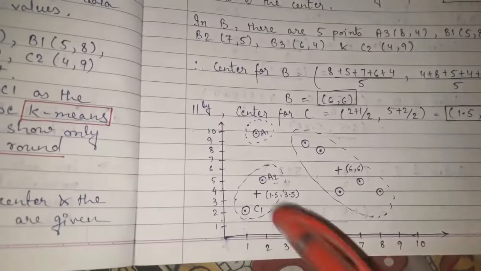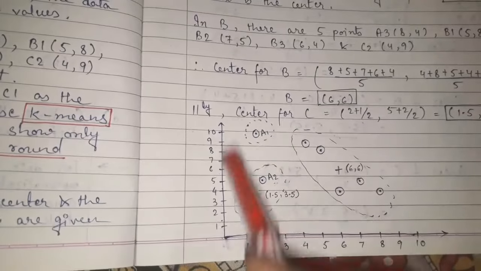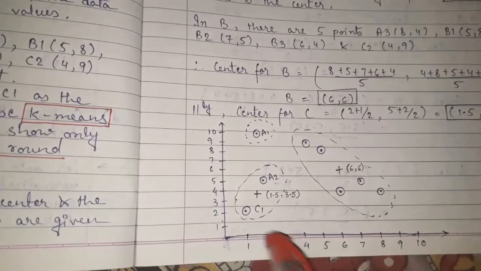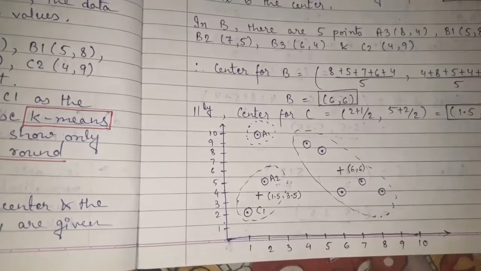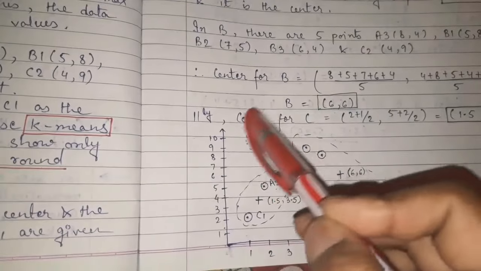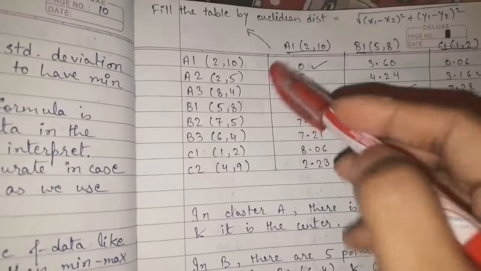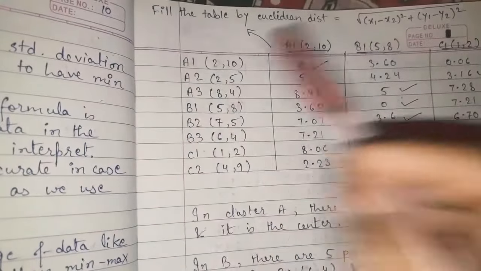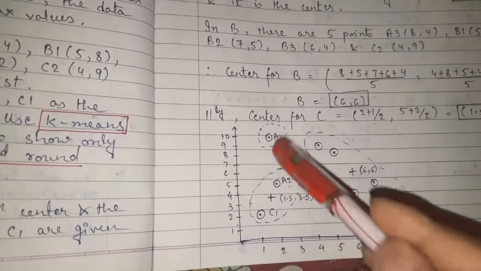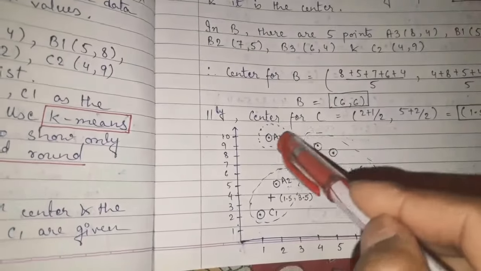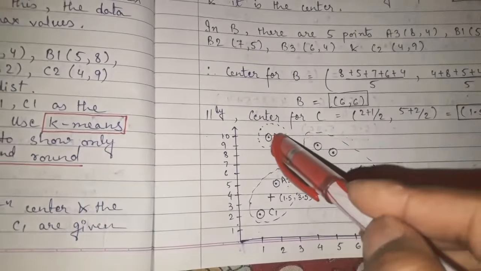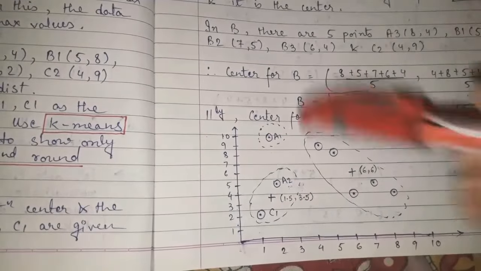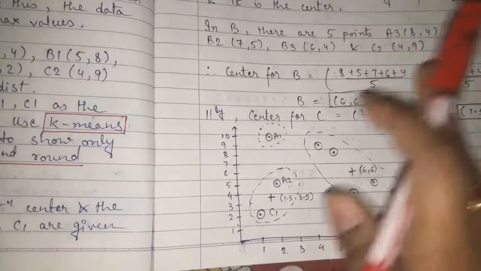So how will we make our graph? Simply on the x and y axes we will write 1 to 10, 1 to 10. In the A1 cluster only one number is ticked, so only A1 is in this cluster, and it is its own center. So one cluster is fixed now.